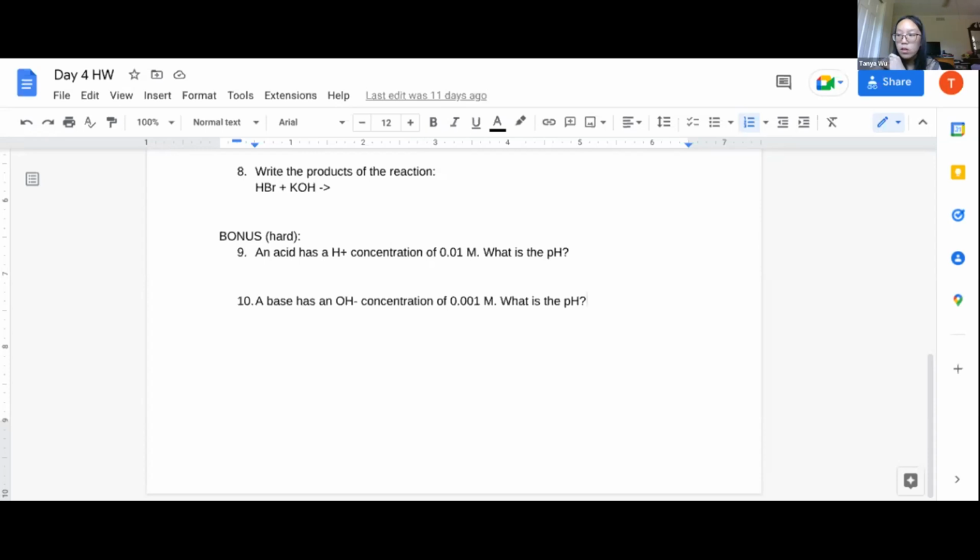So you'd find the pOH first, and the pOH is the negative log of the OH concentration, which is 0.001 molar in this case. And that equals 3.